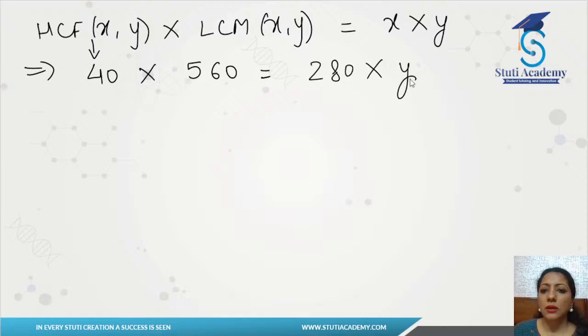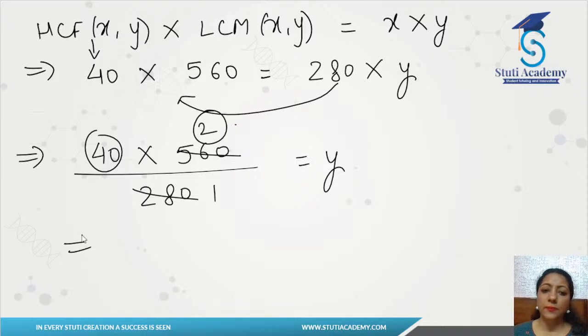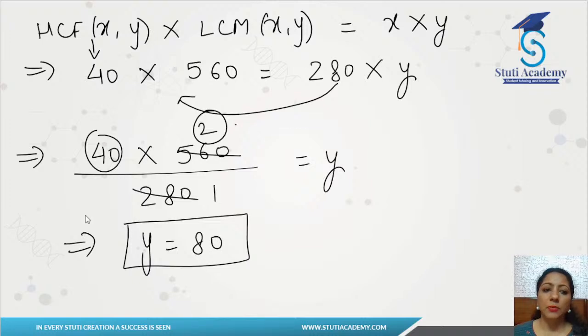We have to solve for Y. I'm going to take this 280 to the other side. 40 into 560 upon 280 equals Y. Now 560 and 280 can be cancelled, and we straight away get 2 here. 40 into 2 we are left with, so finally we have Y as 80. That means the other number which we are looking for is 80.